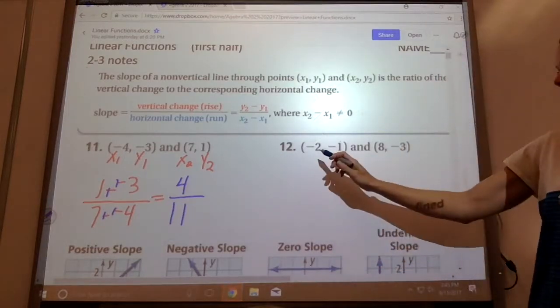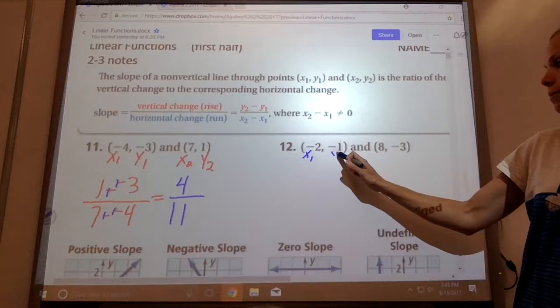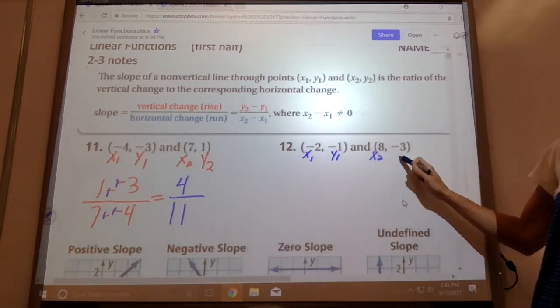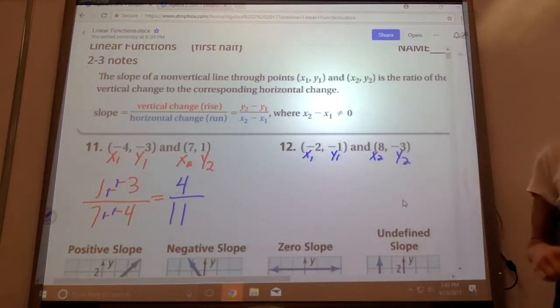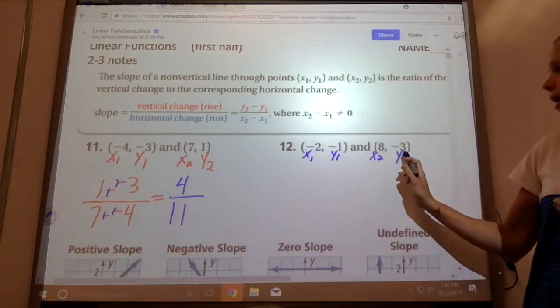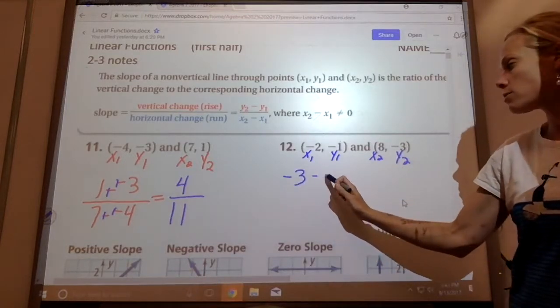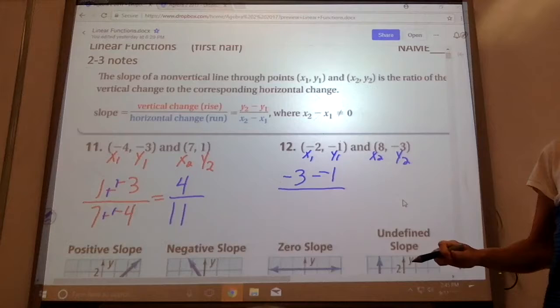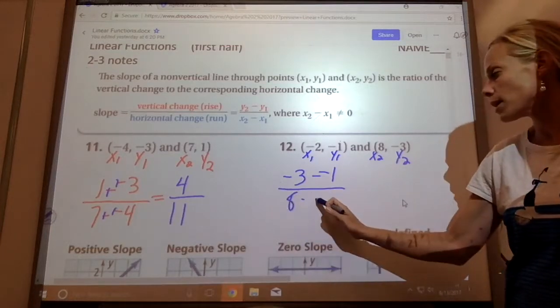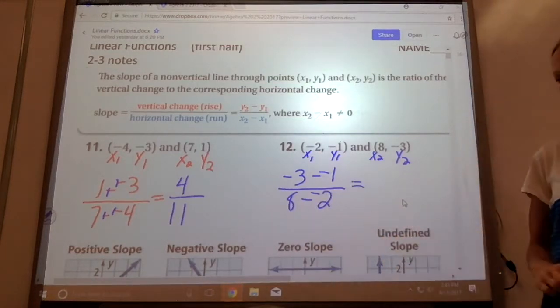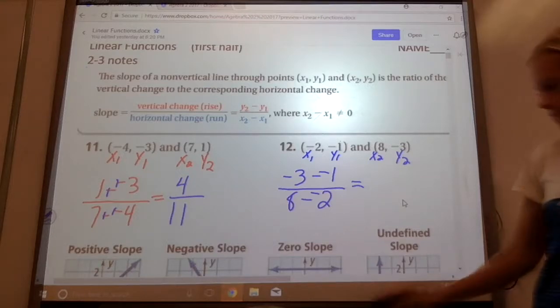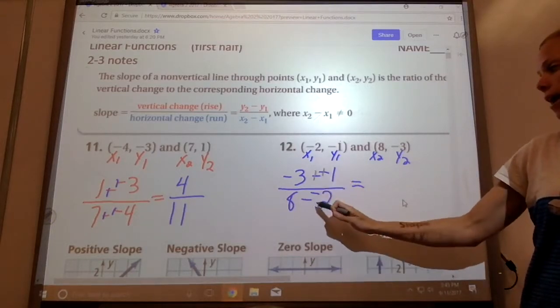So let's do this one again. I'm going to label. This is my x1, y1, x2, y2. So following my formula, y2 minus y1 over x2 minus x1. And again, I have a double negative, so we'll add the opposite.